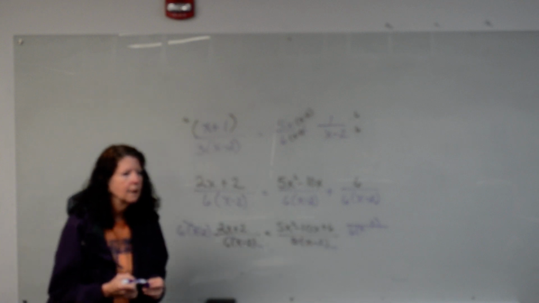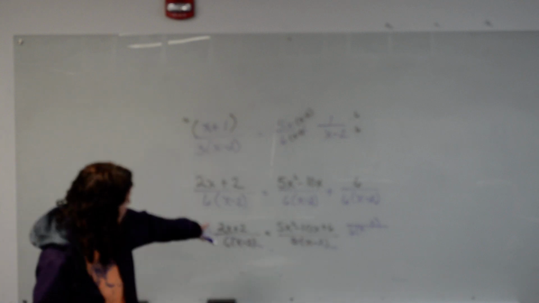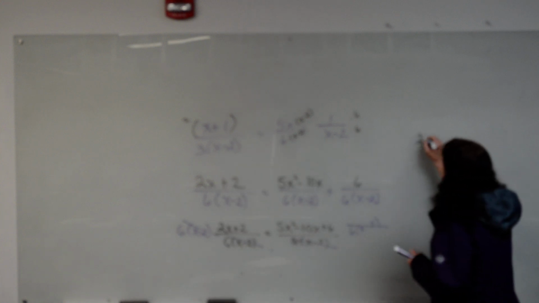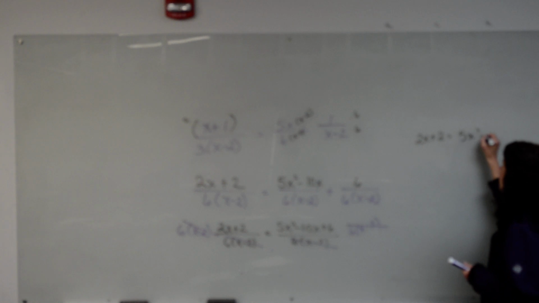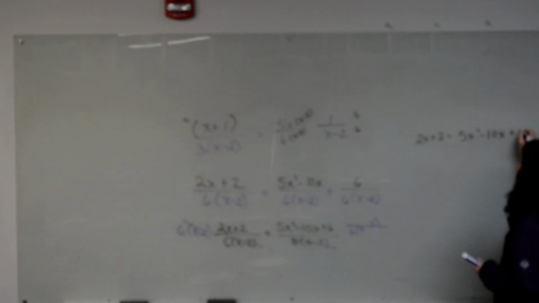And these things cancel out. Okay? So now I'm left with just the top part, which I can solve. So I have 2x plus 2 equals 5x squared minus 10x plus 6.